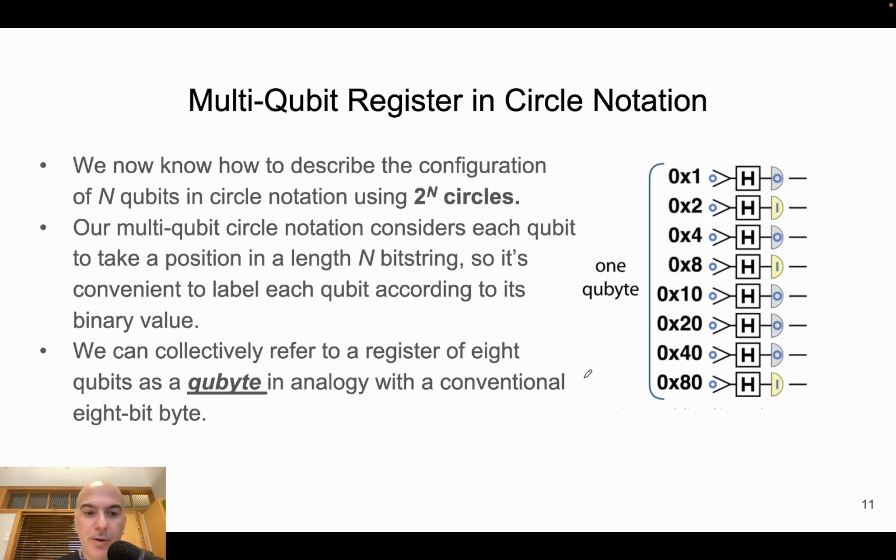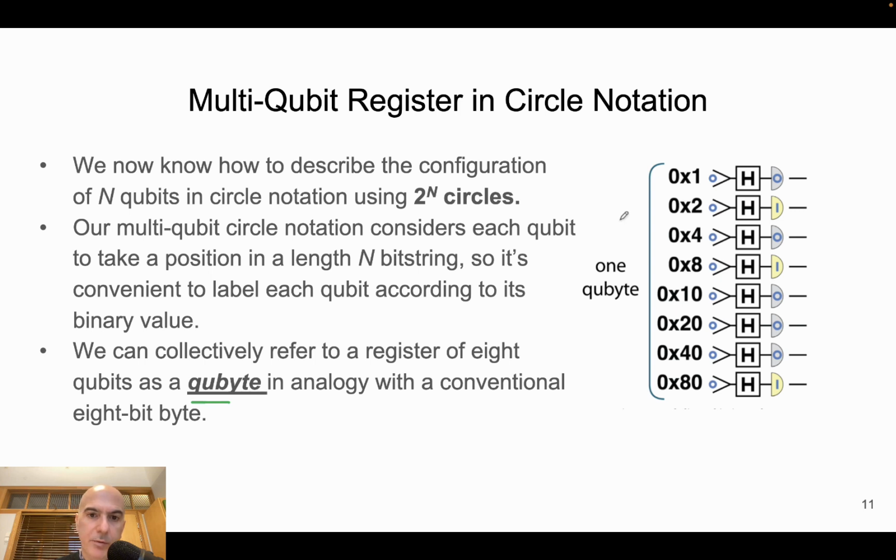As in a classical case, we can combine different qubits in a multi-qubit system, and we can also obtain the so-called qubyte if we combine 8 qubits. So we know that if we have n qubits in circle notation, then we will need 2 to the n circles. Our multi-qubit circle notation considers each qubit to take a position in an n-bit string.